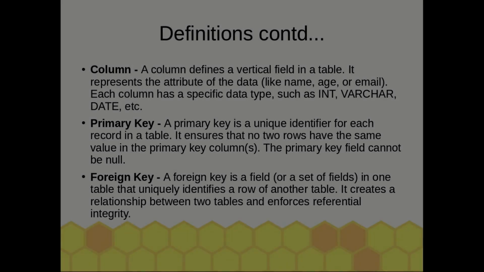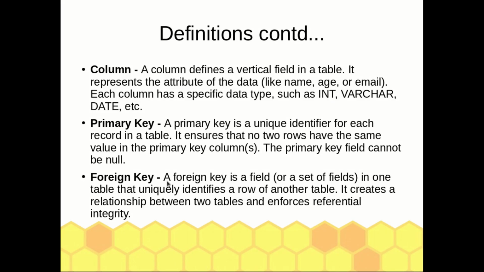Then we have a foreign key, which happens to be a field or a set of fields in one table that uniquely identifies a row of another table. In this case, we see that it creates a relationship between two tables and enforces referential integrity.